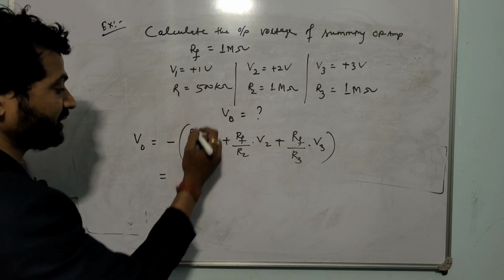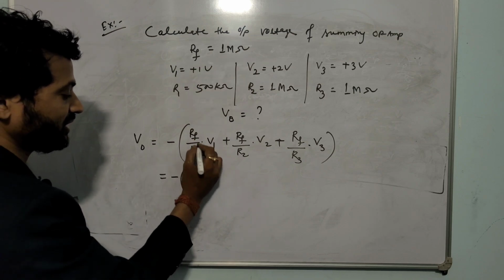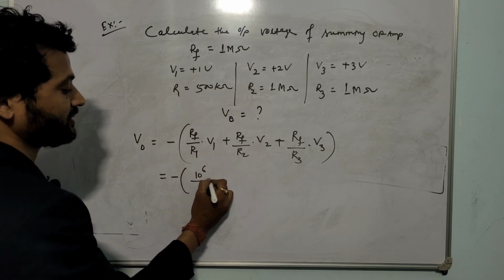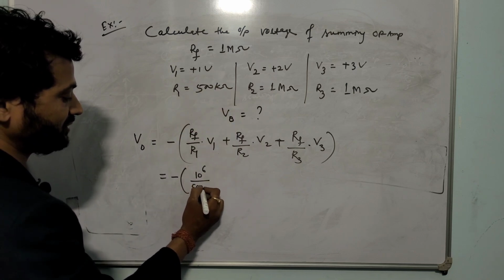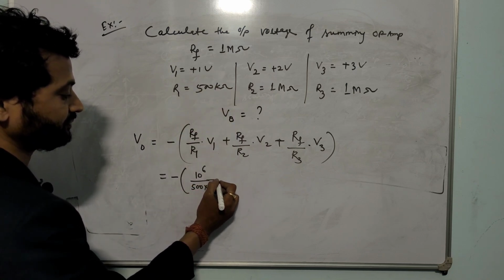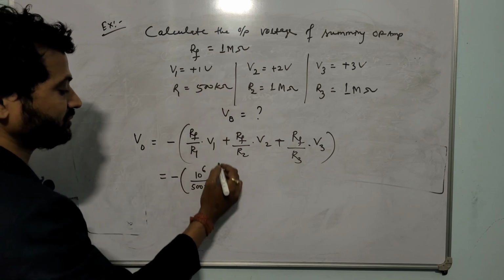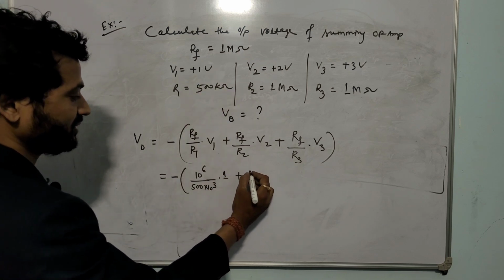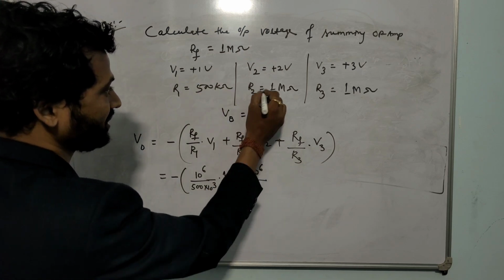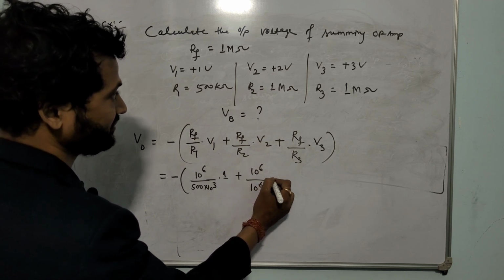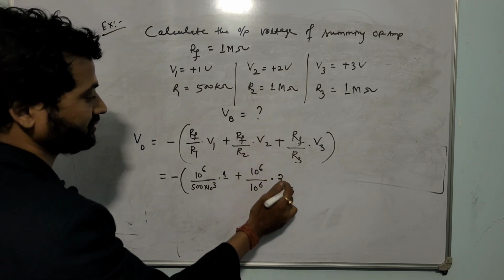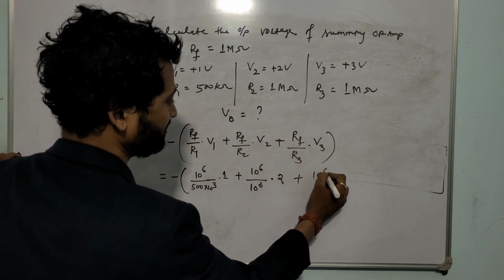Rf कितना है? देखो 1 मेगा ओम. ठीक है, 1 मेगा ओम मतलब 10 to the power 6. ठीक है, रेजिस्टेंस R1 कितना है? 500 किलो ओम मतलब 500 into 10 to the power 3. 500 into 10 to the power 3 into 1 volt प्लस यहाँ पे Rf कितना है? 10 to the power 6. R2 कितना है? 1 मेगा ओम मतलब अगेन 10 to the power 6. V2 कितना है? 2 प्लस Rf कितना है? 10 to the power 6.